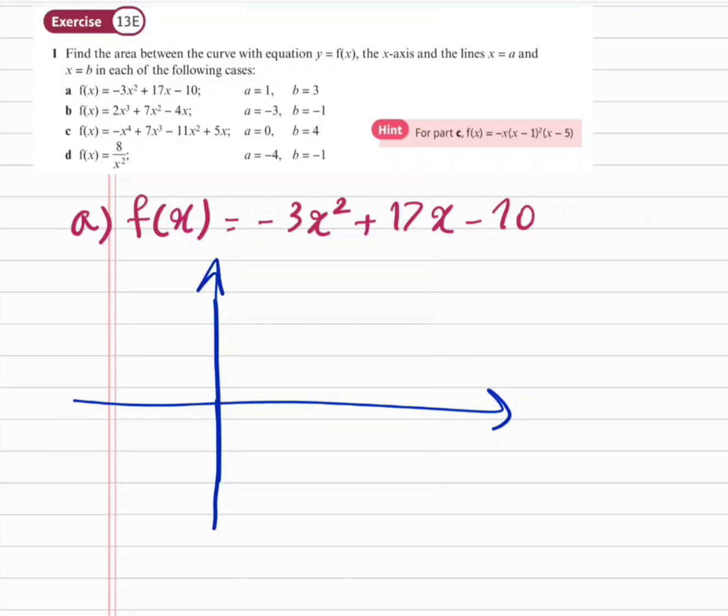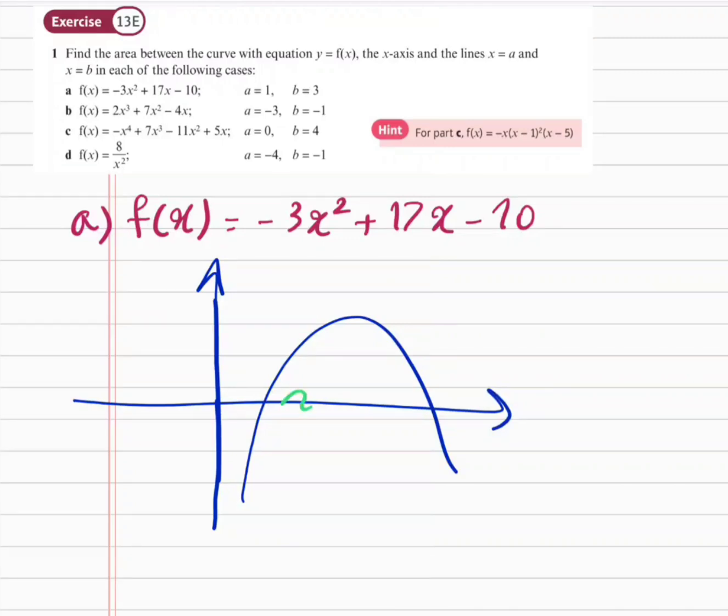It's a negative quadratic, and the bounds are 1 and 3, so it's going to be something like this. So this a is equal to 1. To be more accurate, we can first find the solutions to this equation and just find the x-intercepts. If you solve this quadratic, we get 2 over 3 and 5.